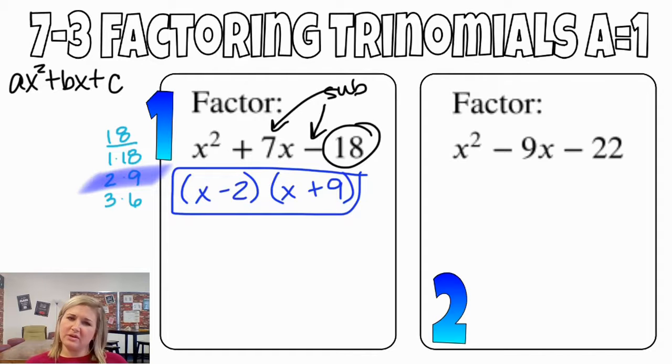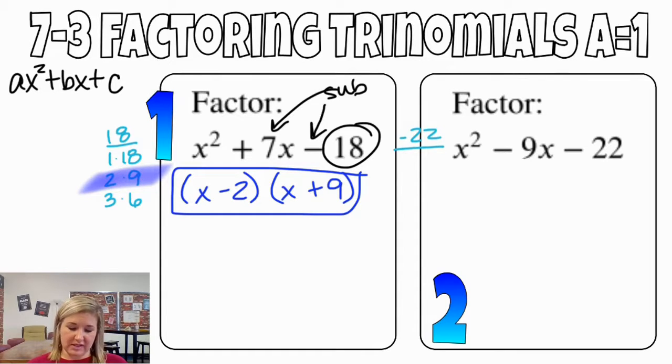The other way that you can look at this is that you can list out all the factors with a positive and a negative in both places. If you have x squared minus 9x minus 22, I'm going to find factors of negative 22 that add together to give me negative 9.